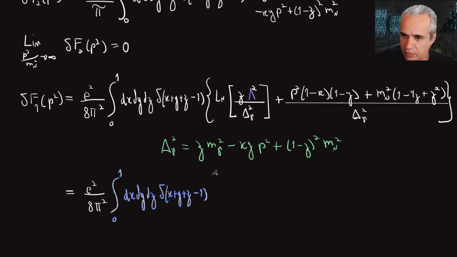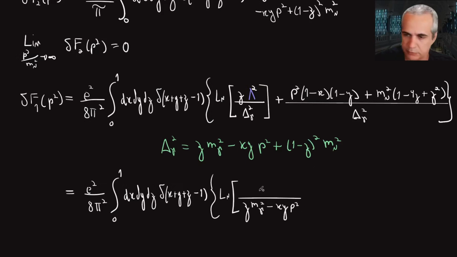And then in here I can write the log z m gamma square minus xy p square z lambda square, and here same thing, right?